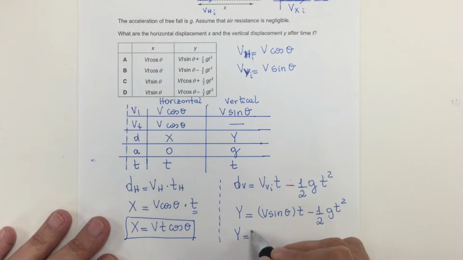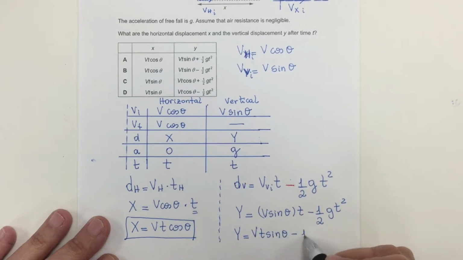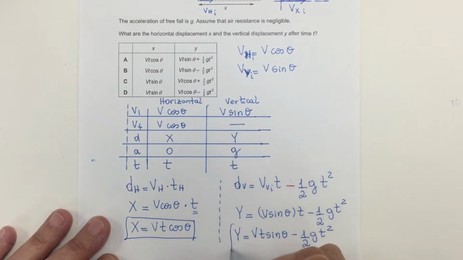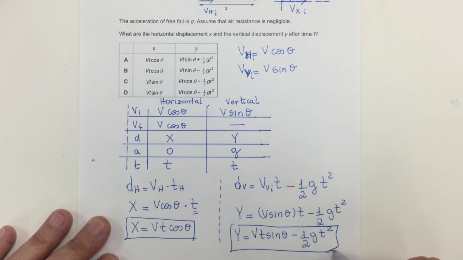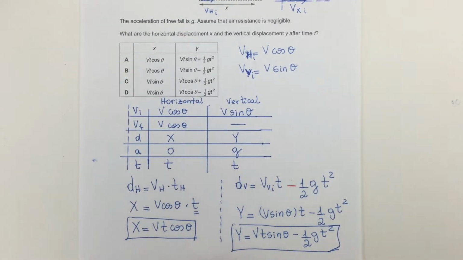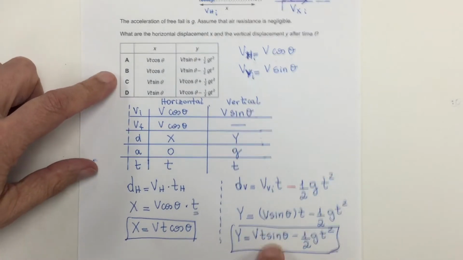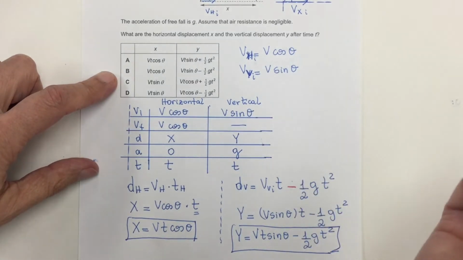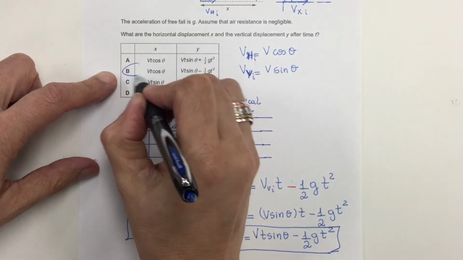So y is v t sine of theta minus half g t squared. And that is the value of y. So the answer that matches this result is B, right? So B, yes, correct. So B is the answer.